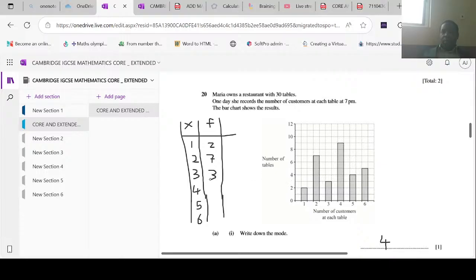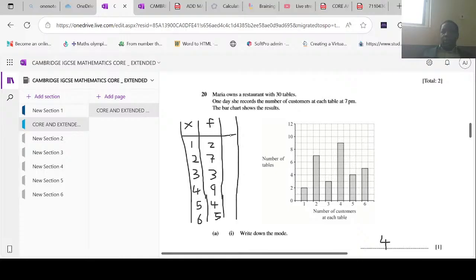When the score is 4, the height is 9, because it's between 10 and 8. When the score is 5, the height is 4. And when the score is 6, the height is 5. So it's always good to organize your data in the form of tables.